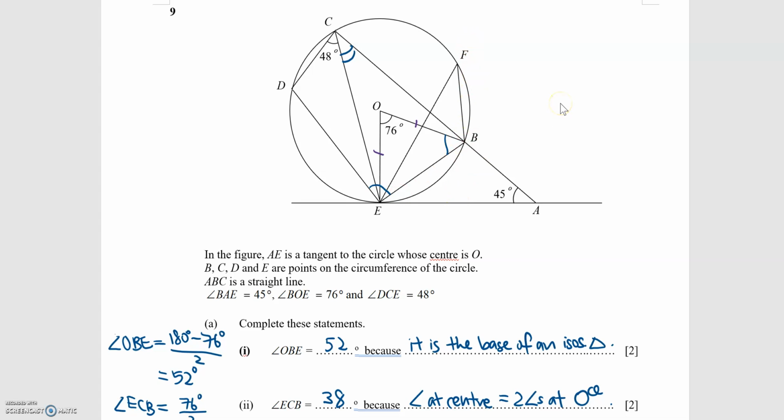I have found the size of angle ECB as 38 degrees in part 2. So if I want to find the size of angle DEB, I can simply take 180 minus away the total value of these two angles, and that would give me the size of angle DEB.